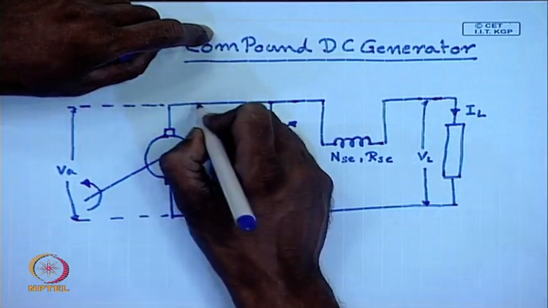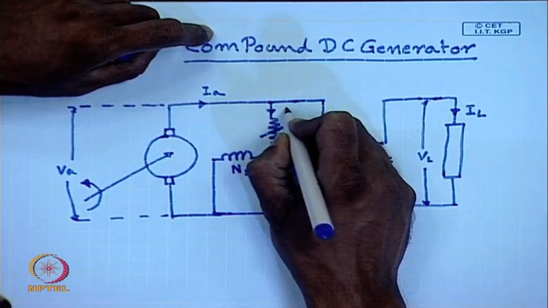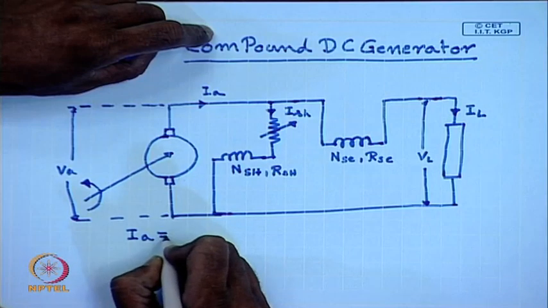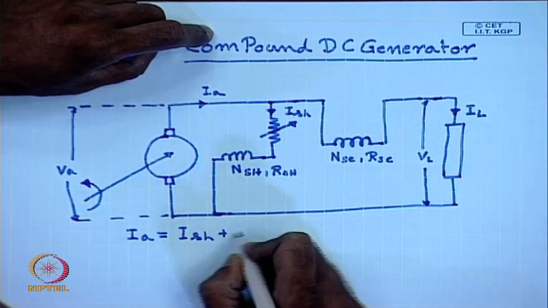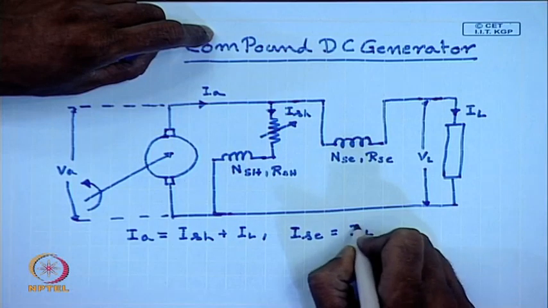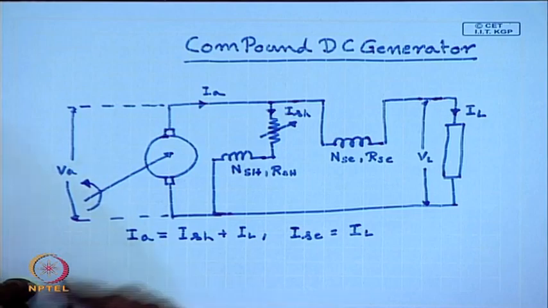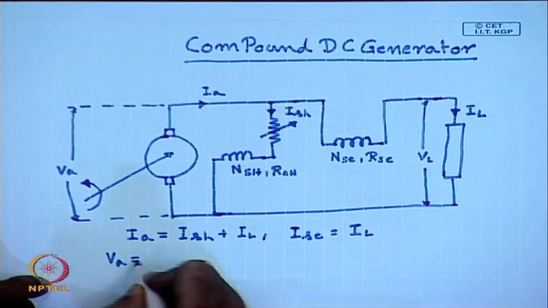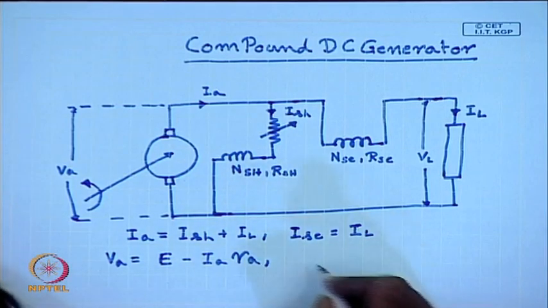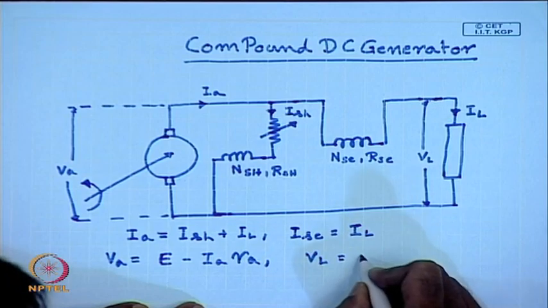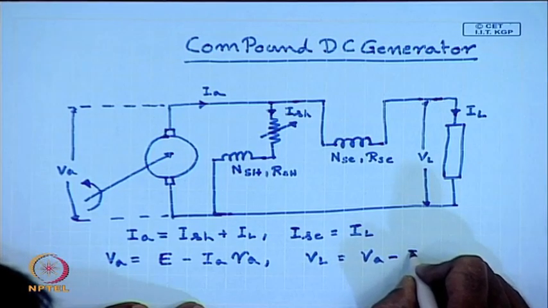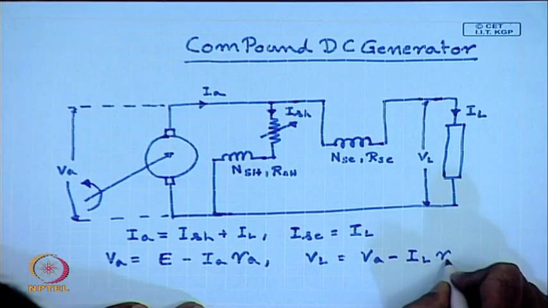We can write IA equal to ISH plus IL, series field current IL equal to IA, the armature terminal voltage VA equal to induced voltage E minus IA RA, and the terminal voltage VL equal to VA minus IL RSE.